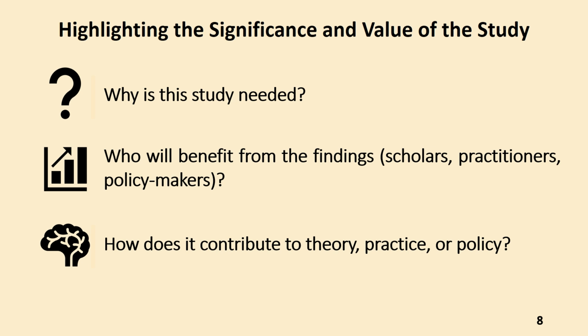And you can make it very sequentially. For example, when you are writing why the study is needed, you can immediately address who will be benefited from your finding, because the moment you make it clear that if I get this result, it will benefit these people and certain kinds of issues, it draws the attention of the readers.